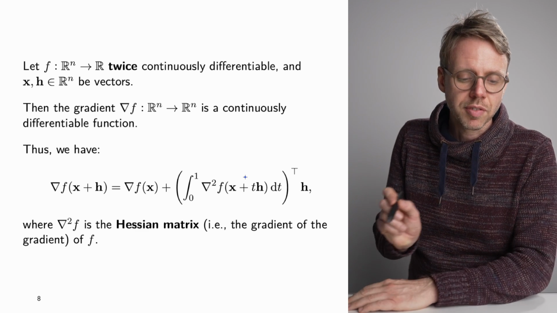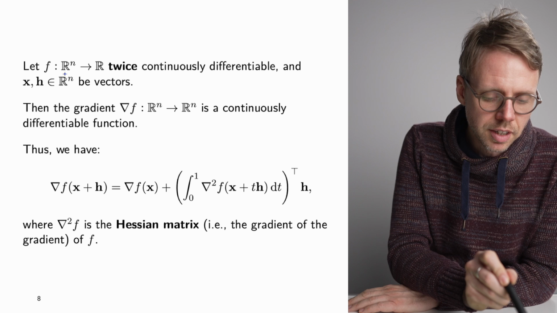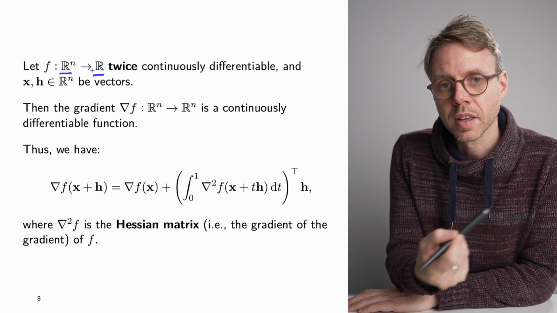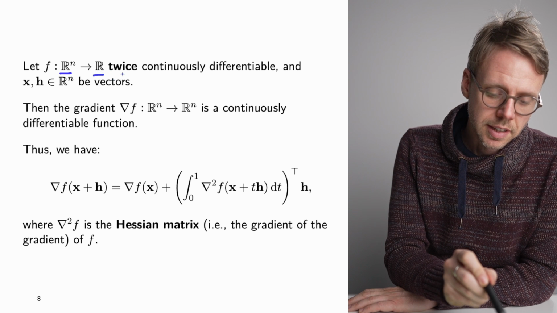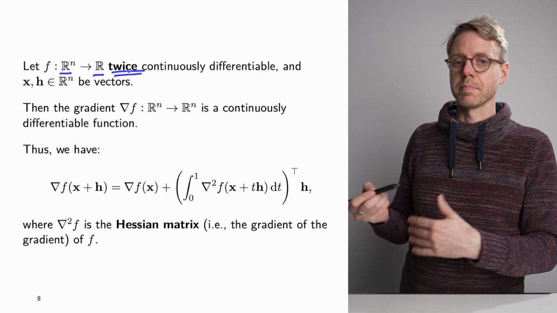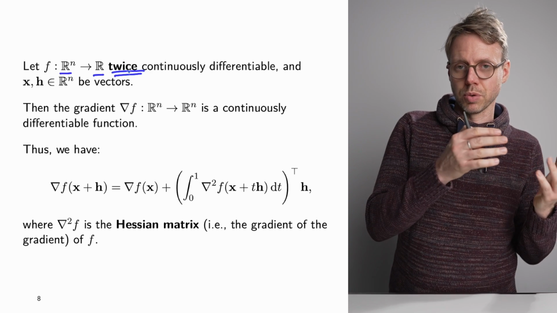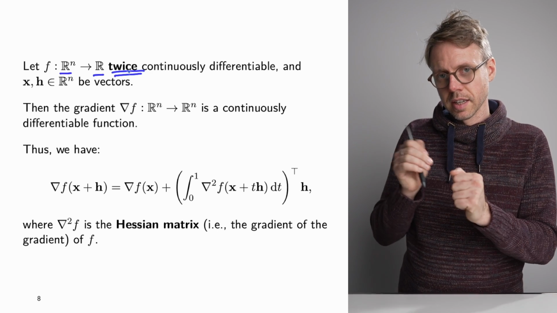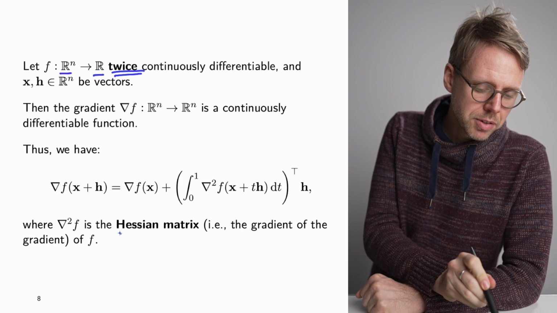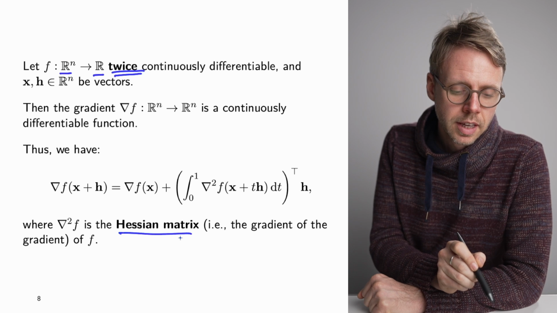So this means that if we have a function f that takes a vector as input and outputs a single scalar, but that is twice continuously differentiable, that means we can compute the gradient and then take the gradient of the gradient, or the Hessian matrix that we already got to know.